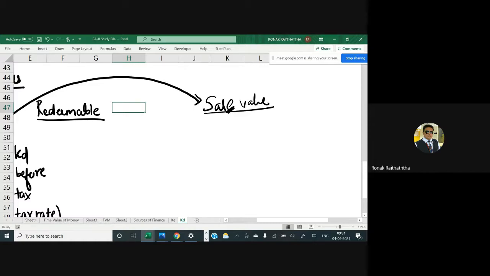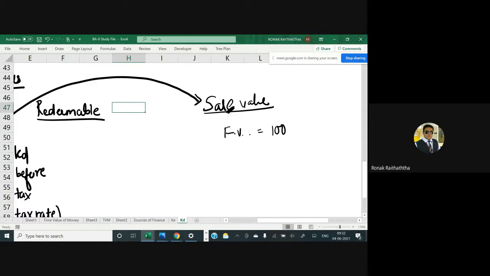See, you have the face value of a debenture. First of all, say 100 or anything. Now, face value is the value at which these debentures are recorded. 100, 1000, 10,000, whatever the case it may be. But that debenture might have been issued at a discount or at a premium.